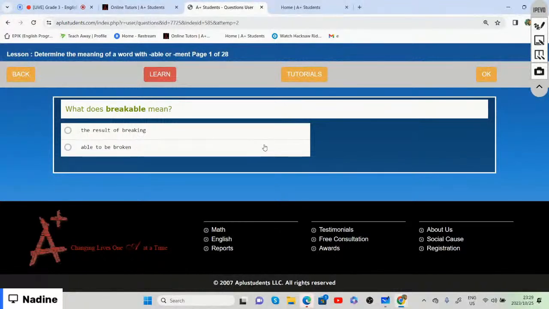We need to select either option one or option two.